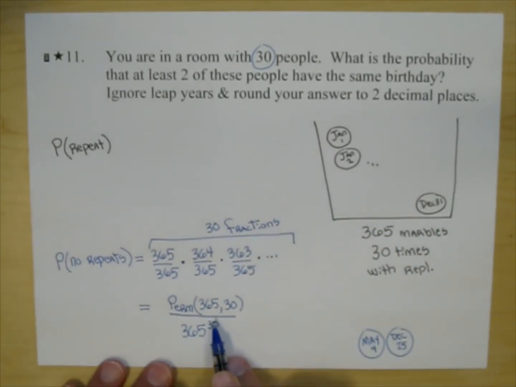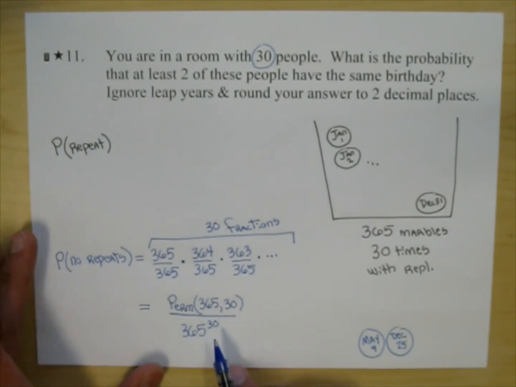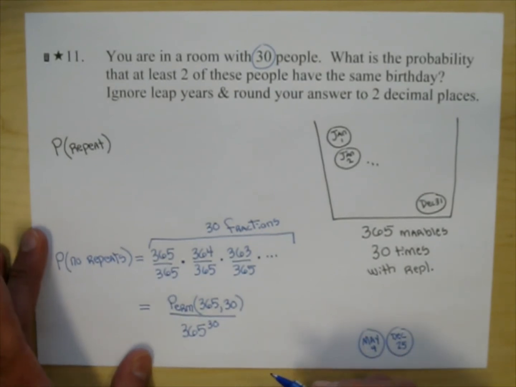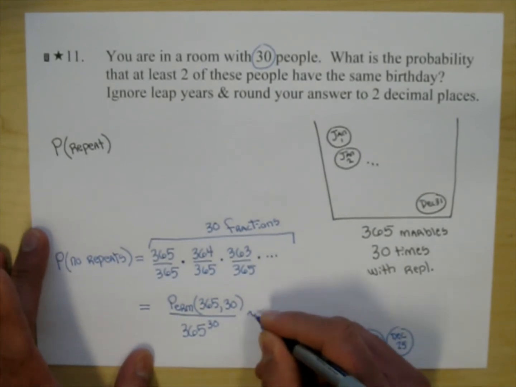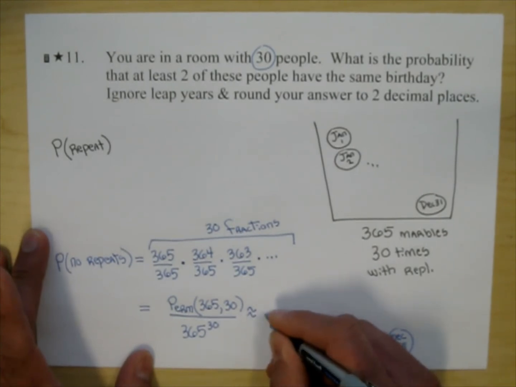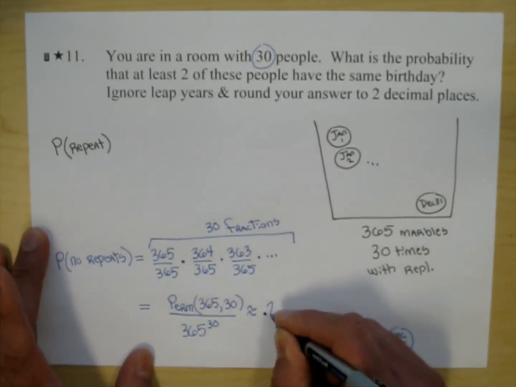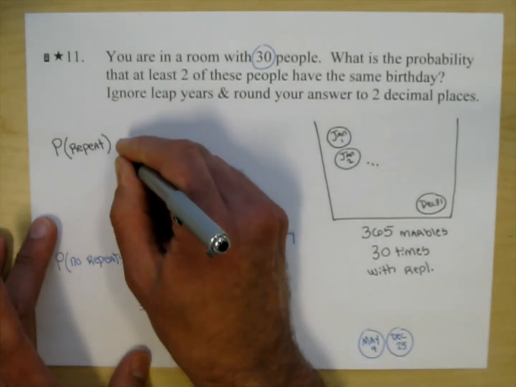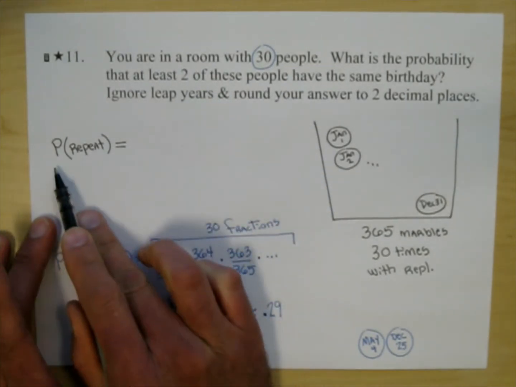Well, this right here I can do on a computer or a calculator, and I'm not going to take the calculator out and show you how I push the buttons on here, but when I did this and I rounded the answer, I ended up getting 0.29. So now we go back up here, because here's the original question.